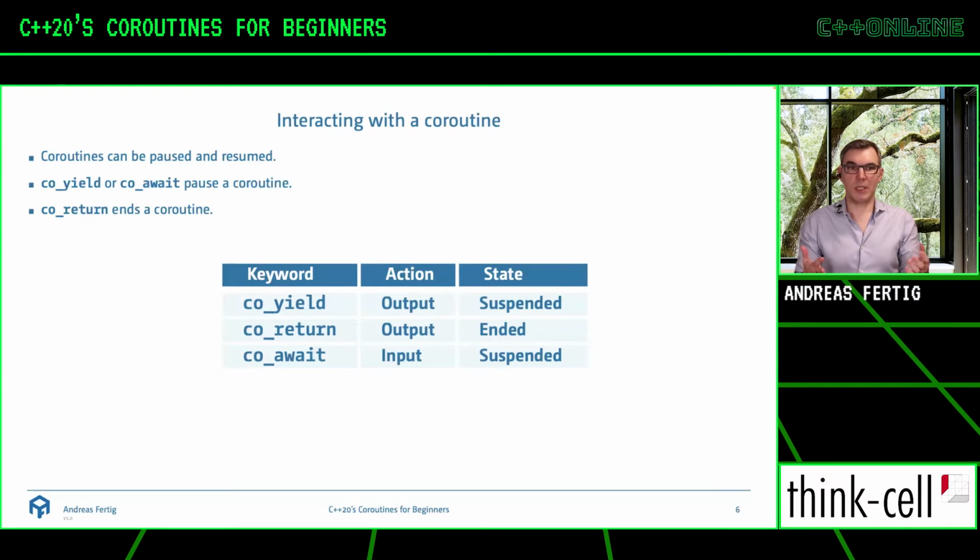You can see this like if you're passing parameters to a function, just that with co_await you are able to pass data into the coroutine, so pass parameters to it while it already started, while you already invoked the function. So these are the three keywords and three functionalities we have there to interact with a coroutine.